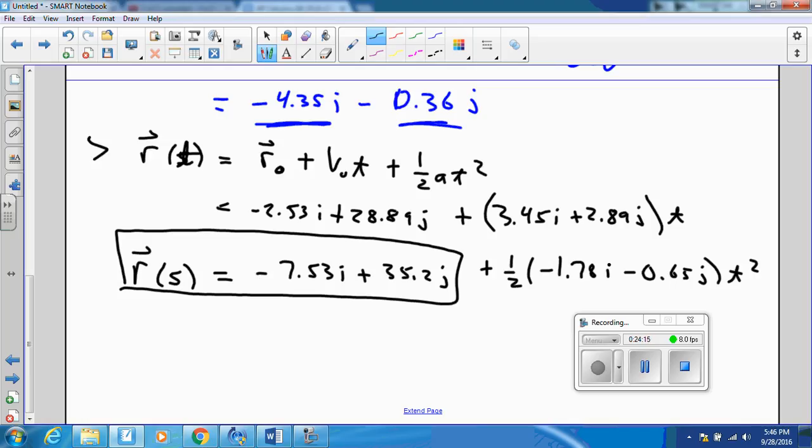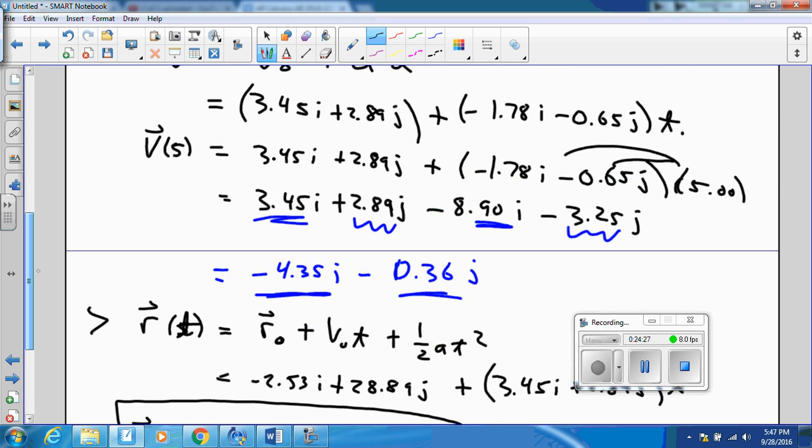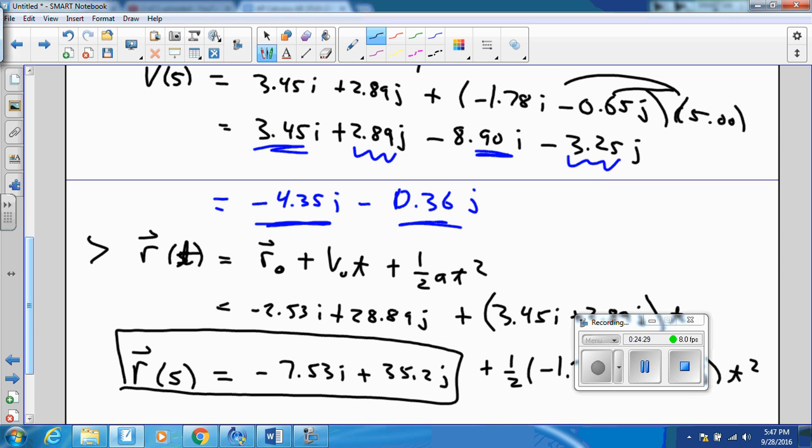Now, what's the moral of this story? The moral of this story is twofold. First of all, our work with differential equations is going to lead us to solutions that we can remember and use in future situations where the physical laws are the same. So in particular, here I was able to use these two equations of motion, v equals v0 plus at, and r equals r0 plus v0t plus 1/2 at squared, because both of those were derived from the differential equation acceleration equals a constant.